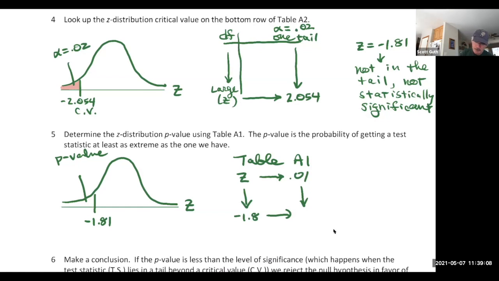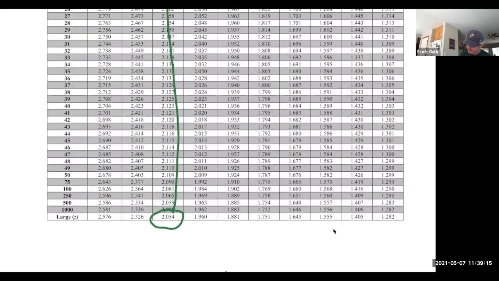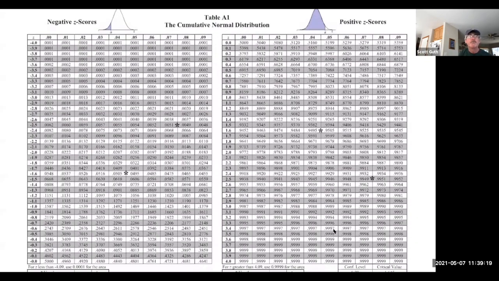Again, I'm going to have to pop back to the previous lesson to see that table. I'm going to the end of chapter 7 here. And here's table A1. Okay, and we want to remember it's negative 1.81 here. So here's negative 1.8 and 0.01. Let me zoom in on that now.